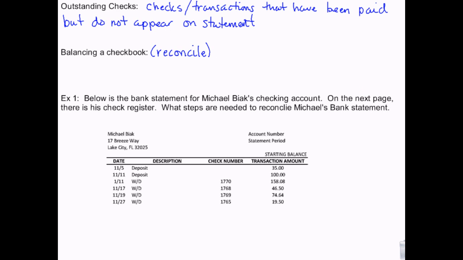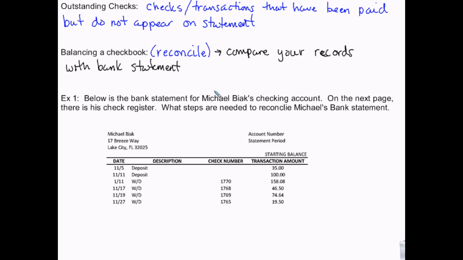Okay. And when you balance a checkbook, this is when you take your check register and you take the bank statement. So you're going to compare your records with their records.